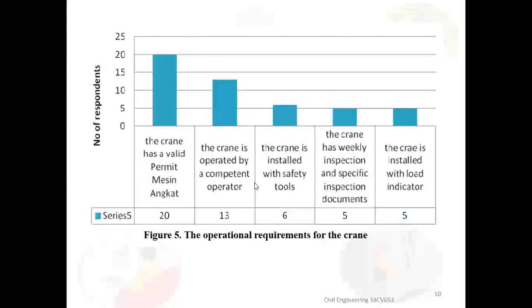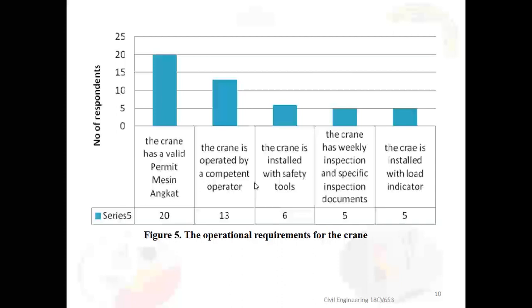So, operational requirements for the crane. Number of respondents: the crane has a valid permit, and that is 2020. The crane is operated by a competent operator, that is 13% have responded. The crane is installed with safety tools, and it was 6.